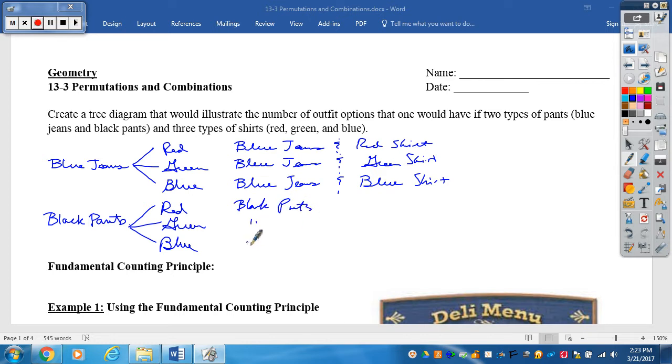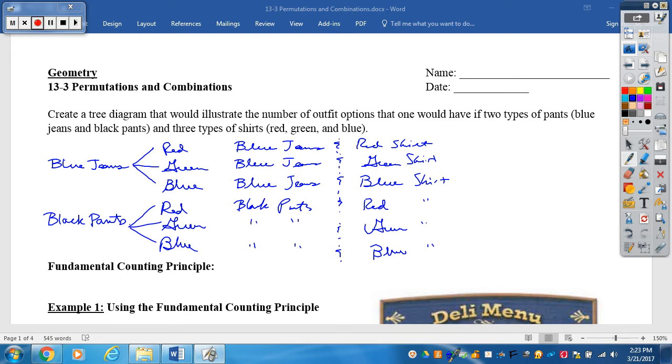I'll just go ahead and do this for the next 2. Red shirt, green shirt, and blue shirt. Okay, so you've got those 6 different options.